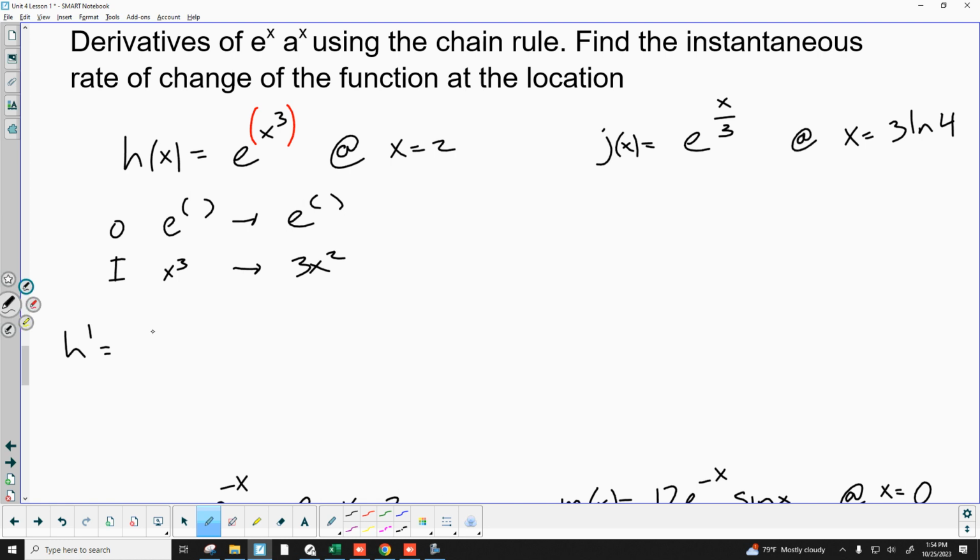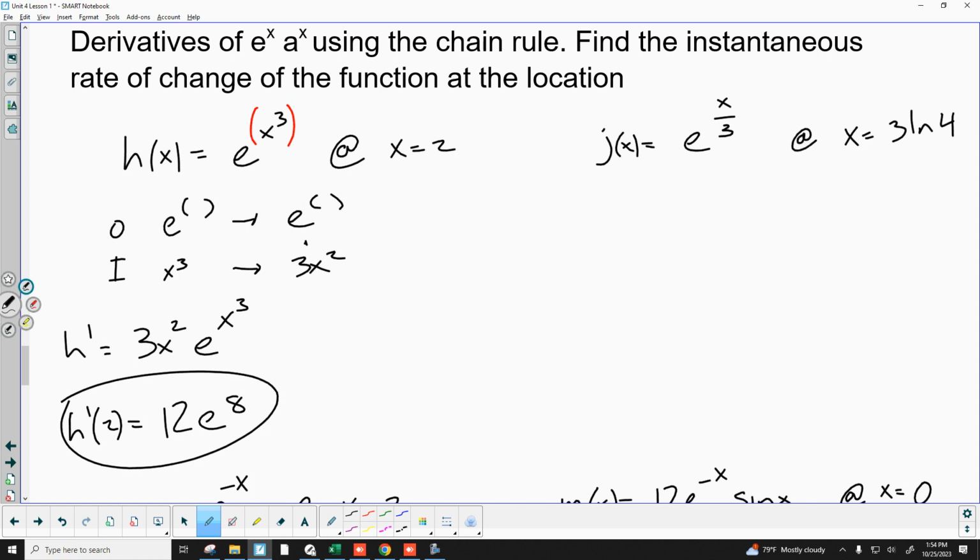So the derivative is, just like with sine, what starts in the parentheses stays in the parentheses. So this should be 3x squared times e to the x cubed. We do not put 3x squared into the power of e. It's a product. It's a chain. It's an O and an I. Which means the derivative, very similar to what we just had, is 12 e to the 8th, and that's okay. That's our answer.